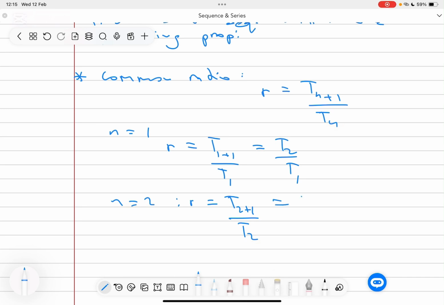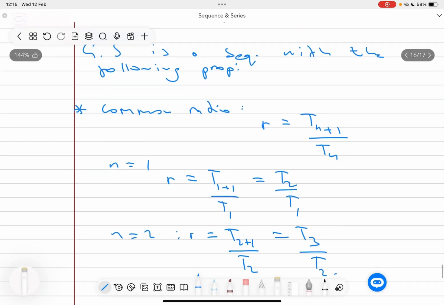Now this says that we have term 3 divided by term 2. So this becomes a general formula for finding the common ratio. Remember lesson 1 where we defined t(n+1) to be the next term and tn, the nth term, to be the previous term.